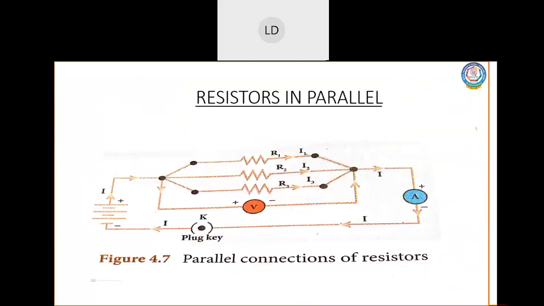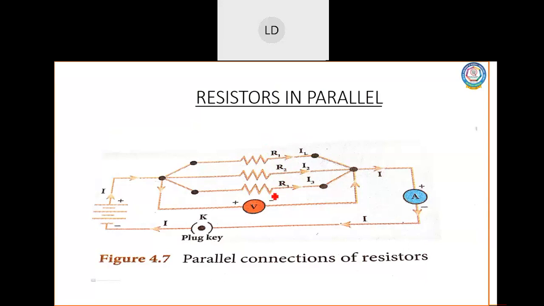Now next we are moving on to resistors in parallel. Now look at this diagram, children. Now here I have connected the diagram. Now here I have 3 more resistors, but this time all the 3 resistors are connected in parallel.